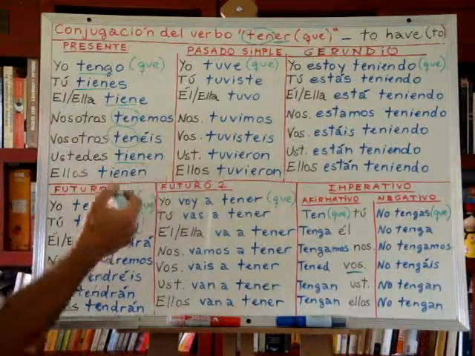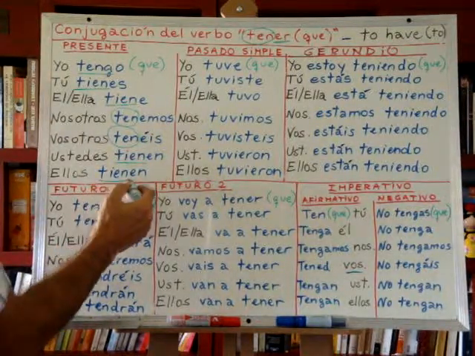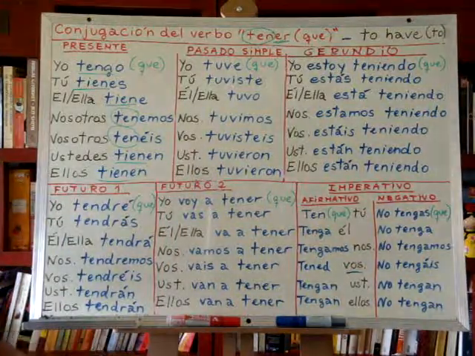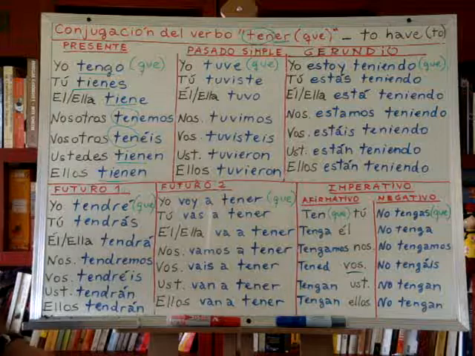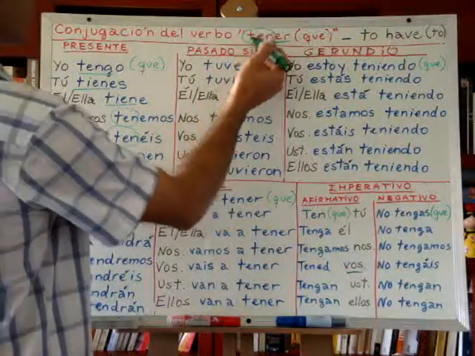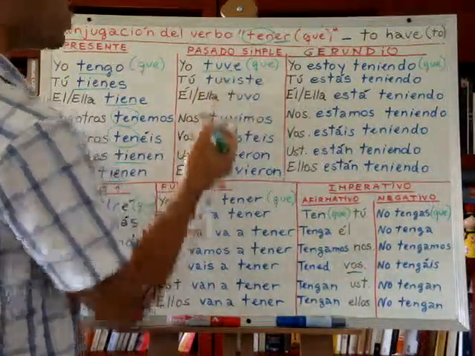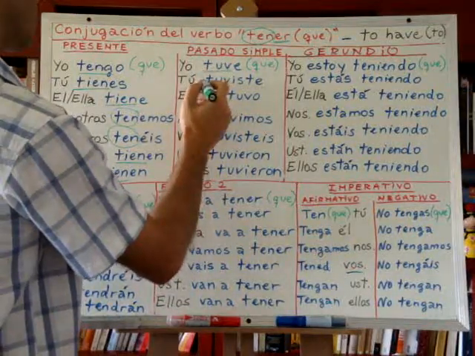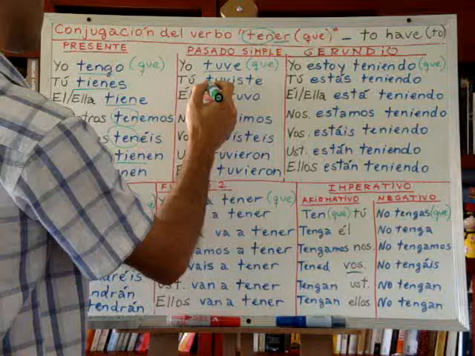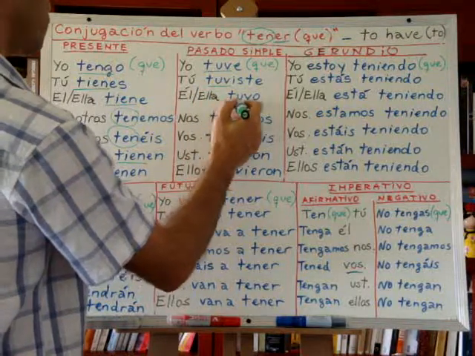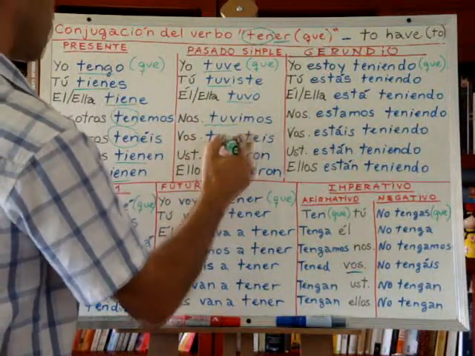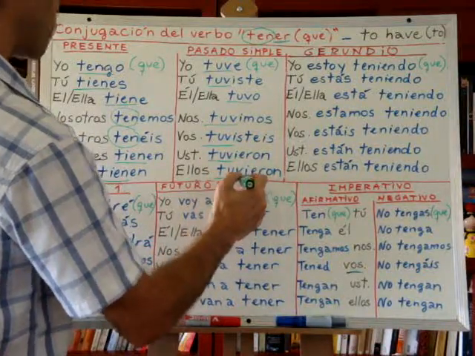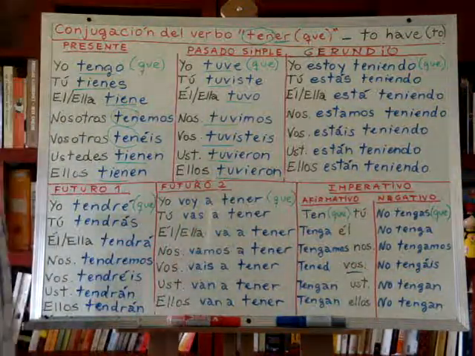Here it became irregular again, and irregular again, okay? Now in the past, the root of the verb changes even more. From ten, it changed to tuv, right? Again, tuv. So you can see how much the root of the verb tener has changed for the simple past, okay?